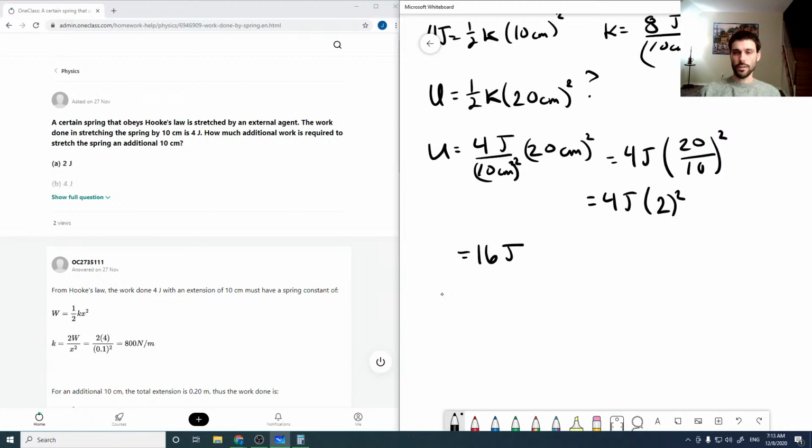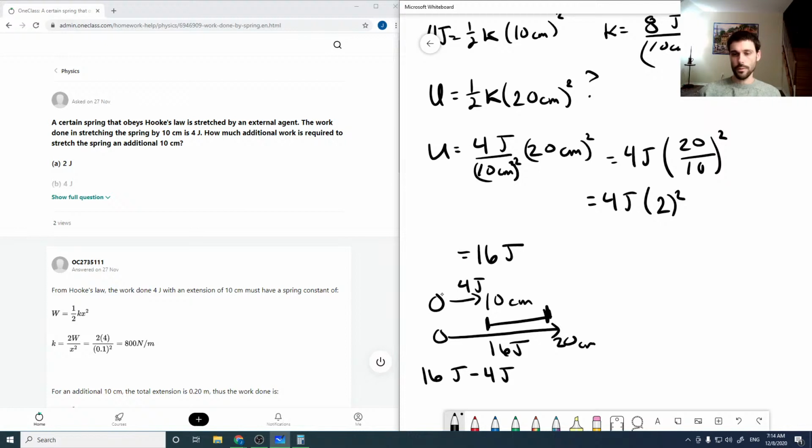Right, so in stretching it to 10 centimeters, we did 4 joules. In stretching it to 20 centimeters, which is double, is 16 joules. So the additional work is just 16 joules minus 4 joules, which is then 12 joules. So there's 12 joules of additional work.